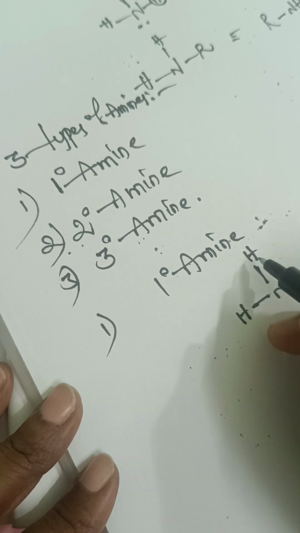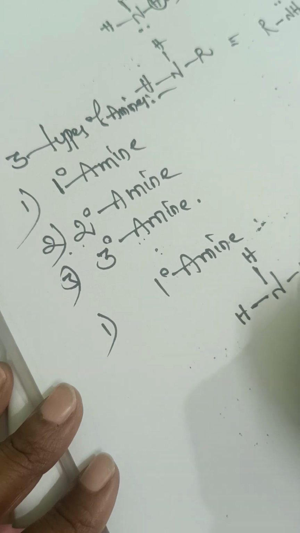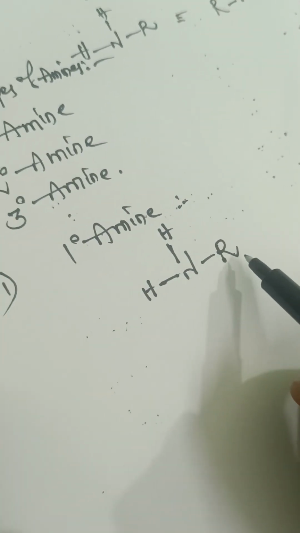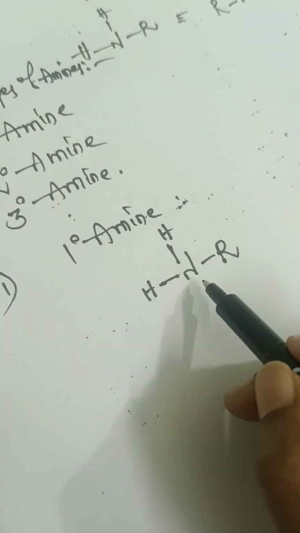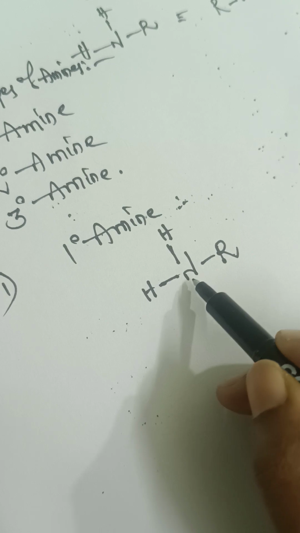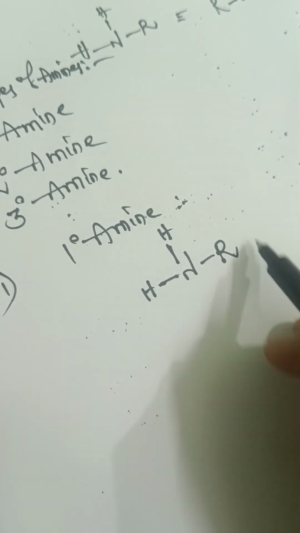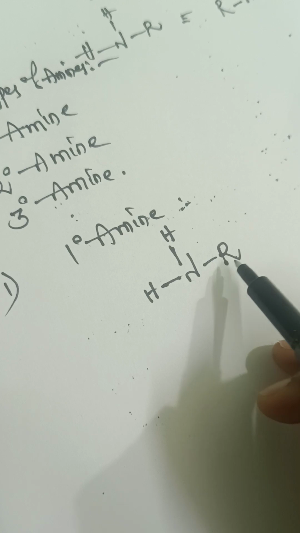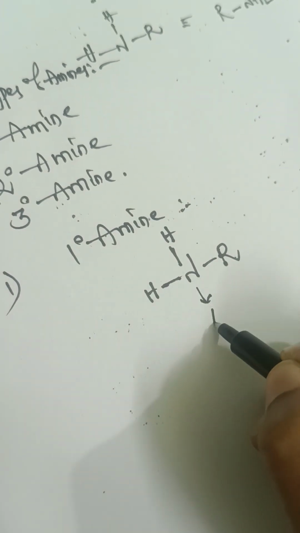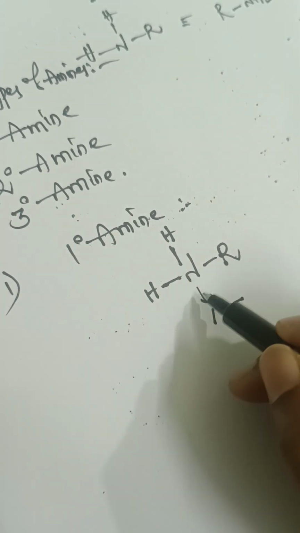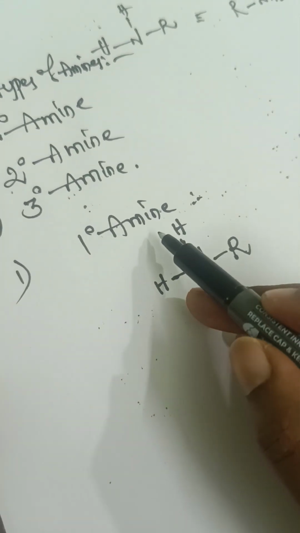If one of the bonds is satisfied with an alkyl group and the 2 other groups are hydrogens, that means nitrogen is attached to one alkyl and 2 hydrogens. Alkyl is only one. That means this nitrogen atom is considered primary, and it comes under amines. That's why we call it a primary amine.